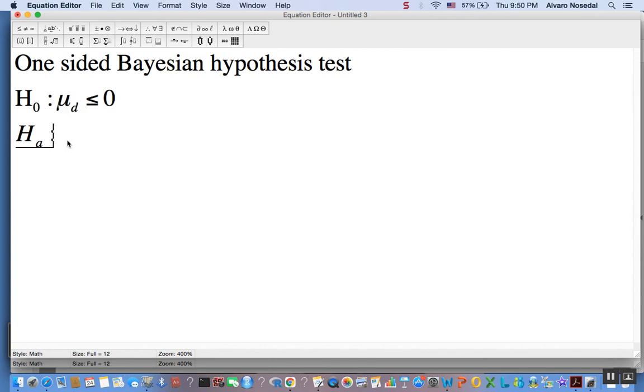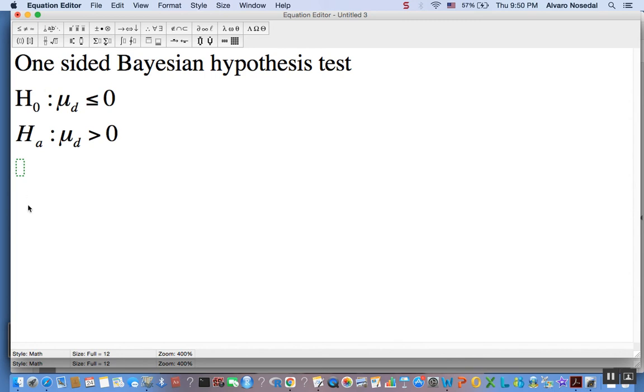So we have a one-sided alternative, as you can see. And you know that mu sub d represents the difference mu1 minus mu2. So we have step number 1.